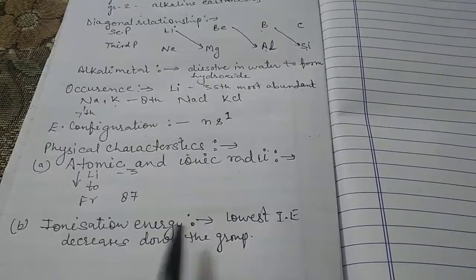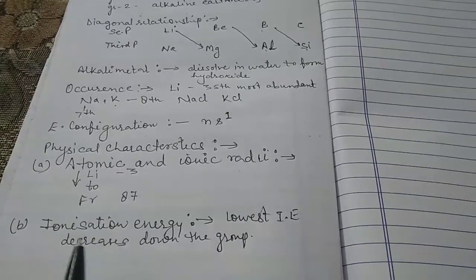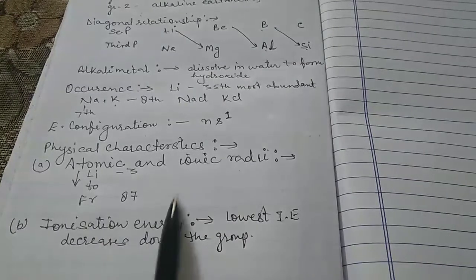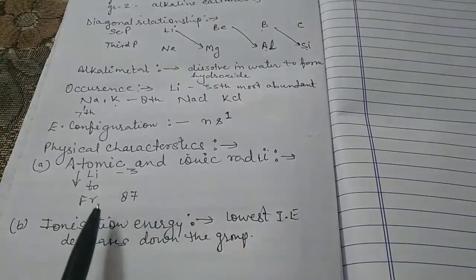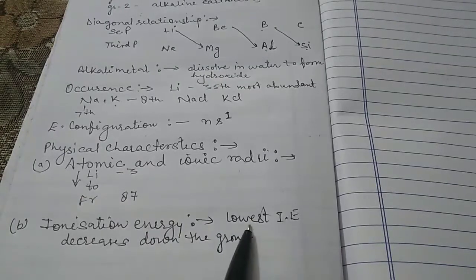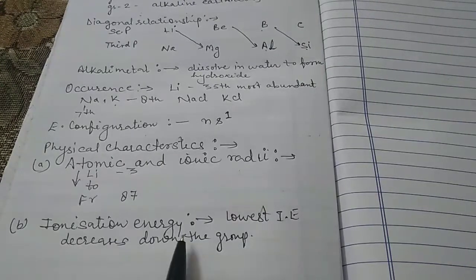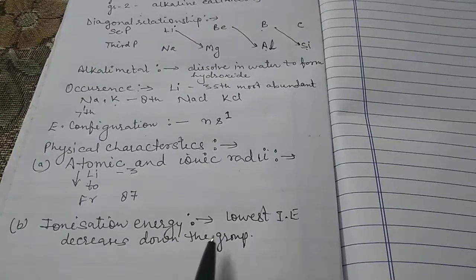And why does it decrease, and why do they possess a low ionization enthalpy? Because the atoms of the alkali metals are the largest in their respective period, and therefore the valence electron is loosely held by the nucleus. By losing the valence electron, they acquire a stable noble gas configuration.